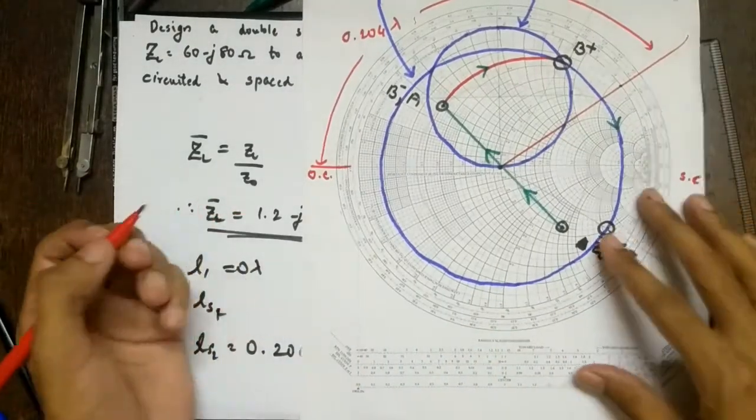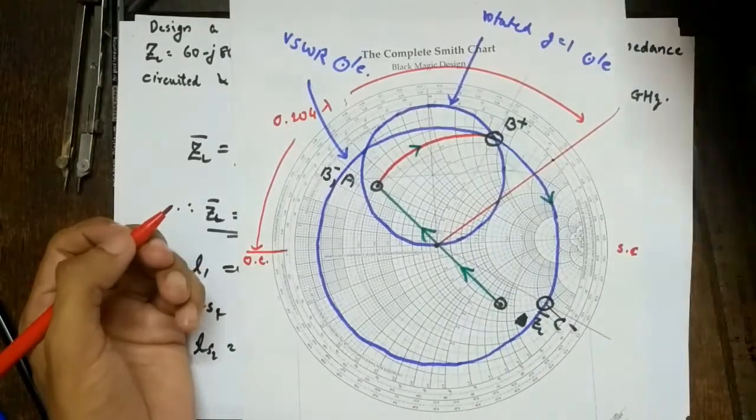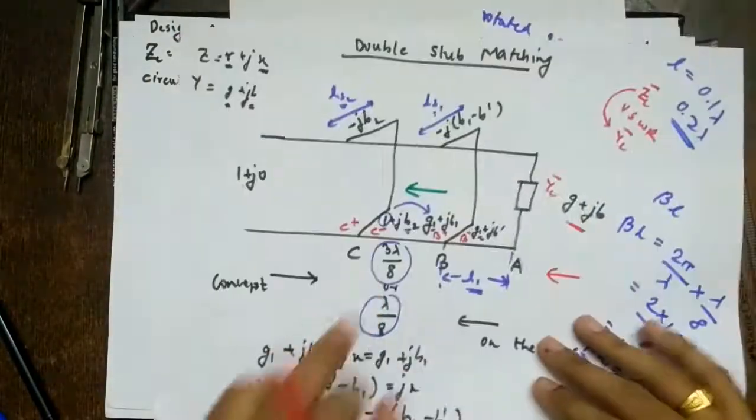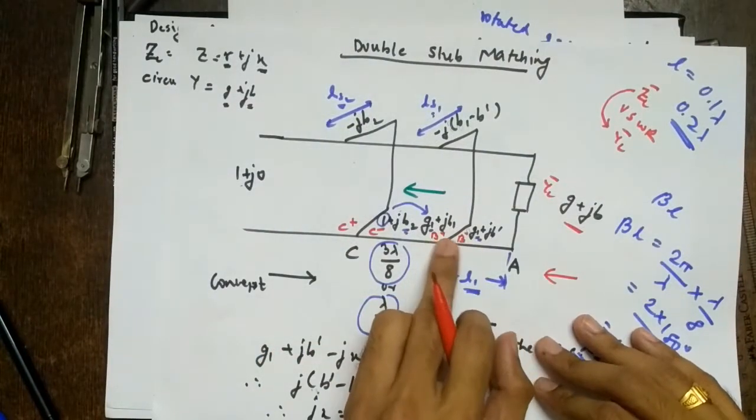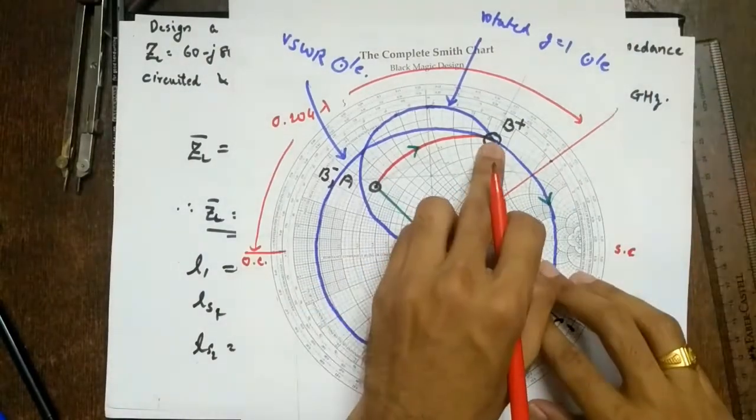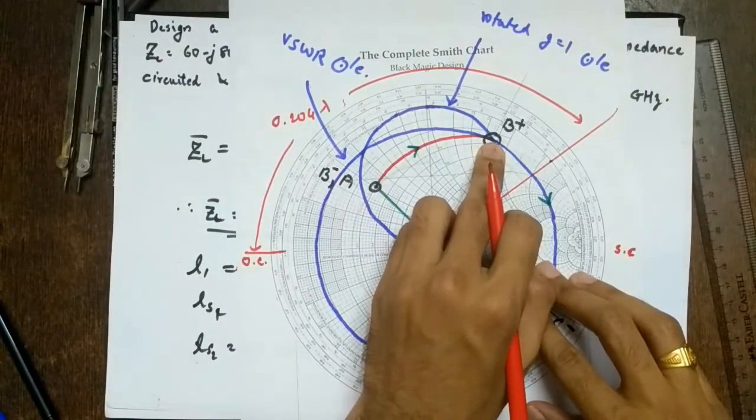So what is LS1 now? Minus j times B1 minus B prime. So what is B1? B1 is the B plus point. B prime is B minus prime. So we have to take the difference of the two. So B1 is this, right?